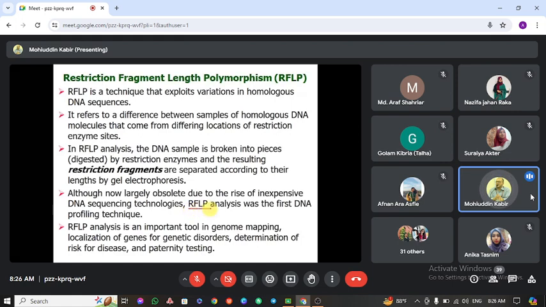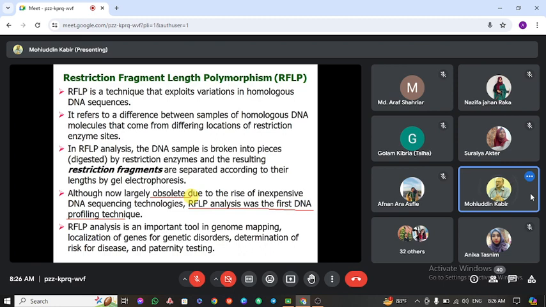RFLP technique was first used in DNA profiling. But now this RFLP analysis technique has become less utilizable due to the rise of inexpensive DNA sequencing technologies.